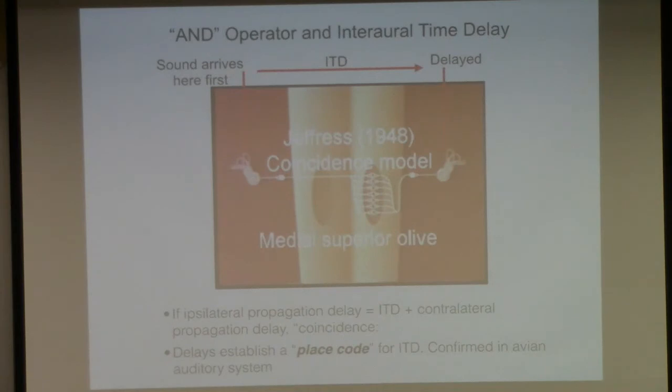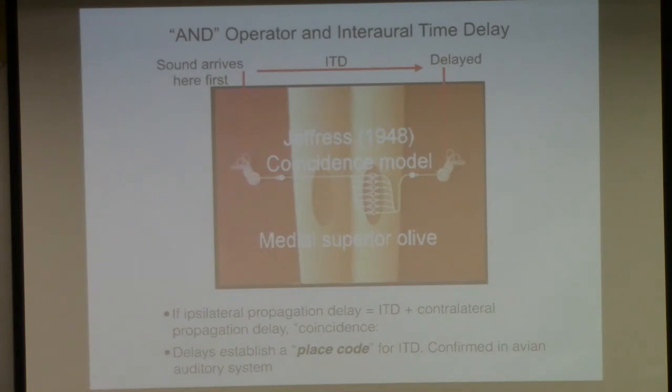So suppose a mouse is over here rustling in the grass. That sound reaches this ear before it gets to this ear. We know that the key encoded information telling us about where in this direction that mouse is located is interaural time delay. The sound will get here before it gets here.